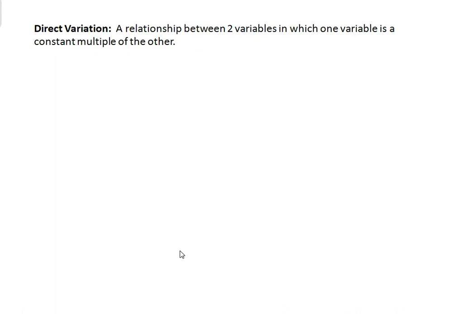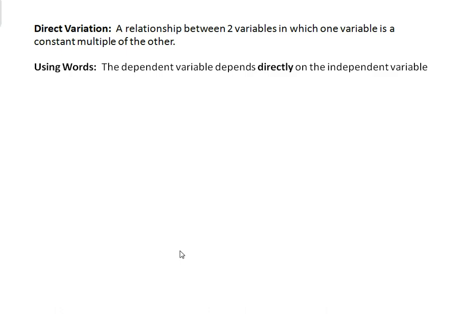So in summary, direct variation is a relationship between two variables in which one variable is a constant multiple of the other. So using words, we can explain direct variation by saying the dependent variable depends directly on the independent variable.